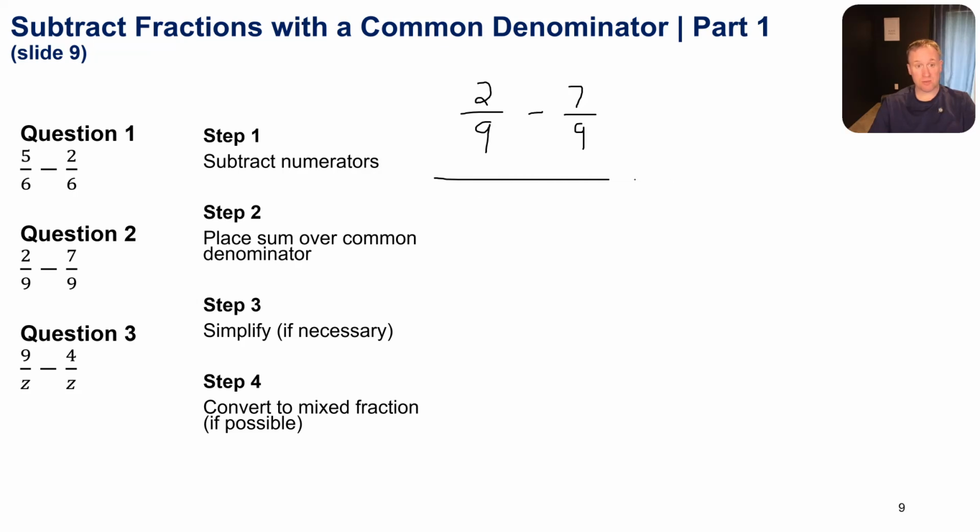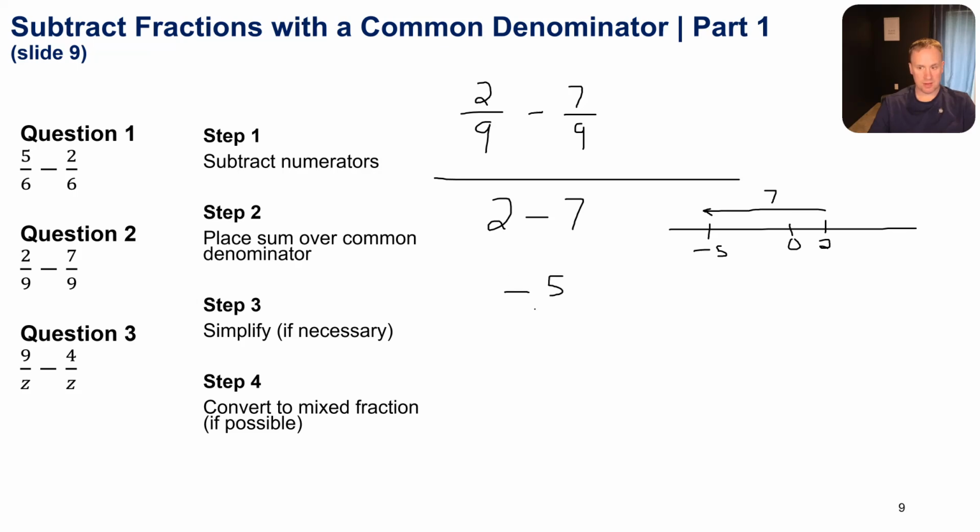So if I was to really model what I have, 2 minus 7 here, that's really what I'm looking at. If I go to my number line and model this, I'm starting at positive 2, and I'm going back to the left 7 units here. And when I go back 7 units, I end up at a negative 5. So negative 5 is my result from subtracting my numerators.